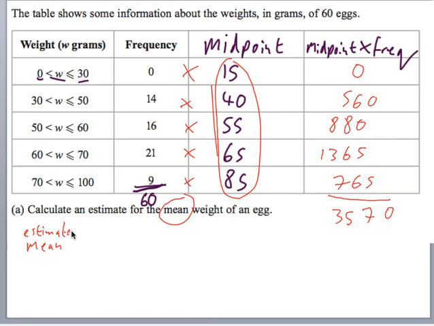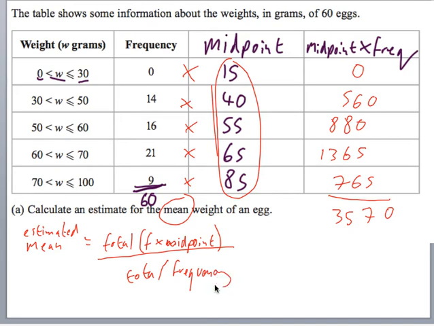To work out the mean we need the total of the frequency times the midpoint column, all divided by the total frequency.